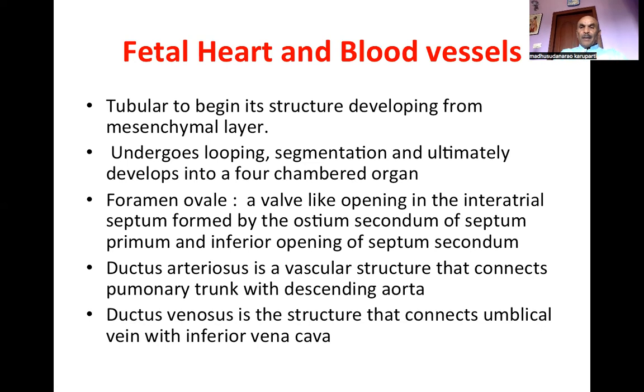Well, only 15% of the right ventricular output goes into the pulmonary circulation. So the pulmonary arteries are smaller when compared to those in the adult after birth. That is the reason why you will appreciate some amount of systolic murmurs following birth.